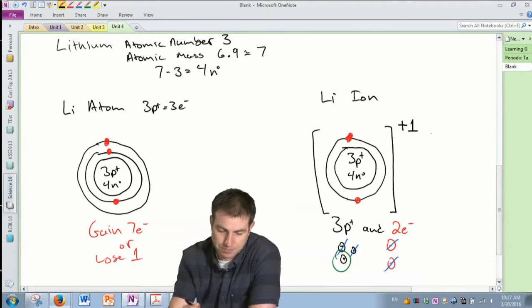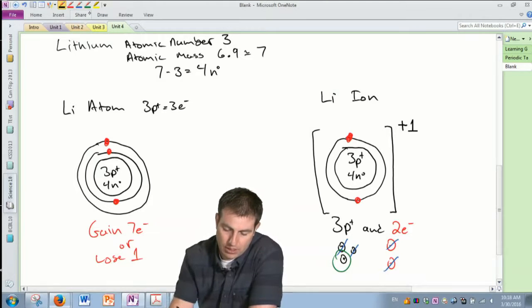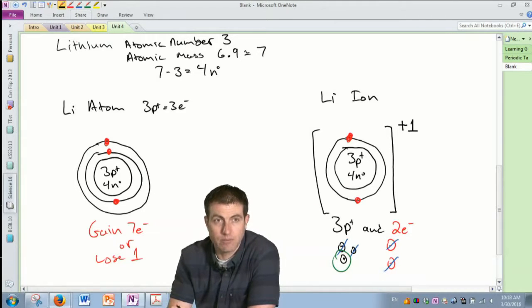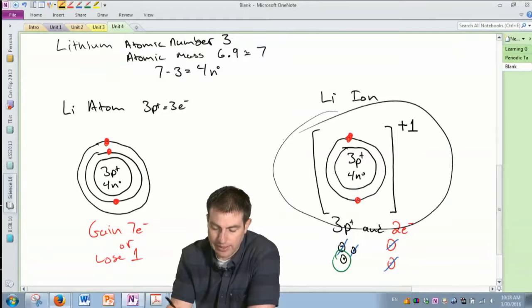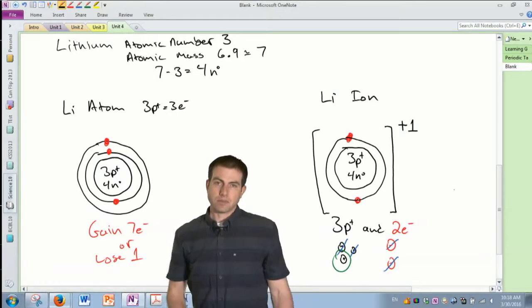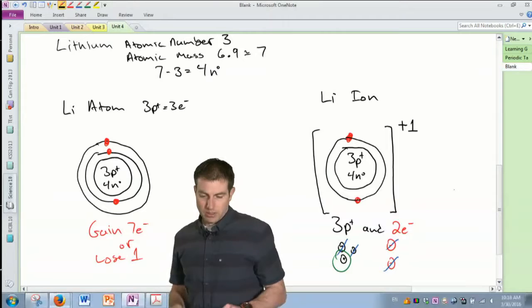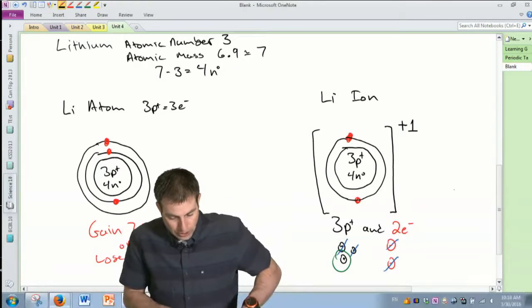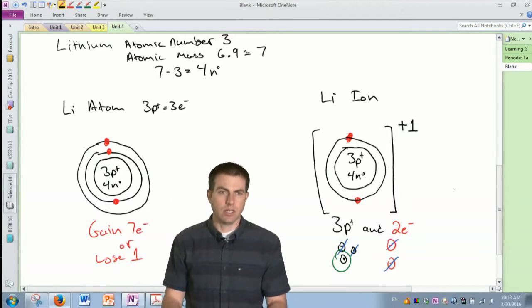So this is what the ion is going to look like. We're going to draw our ions like this. Big square brackets, positive charges next to it or negative as the case may be. So we'll look at some other examples of ions next day.